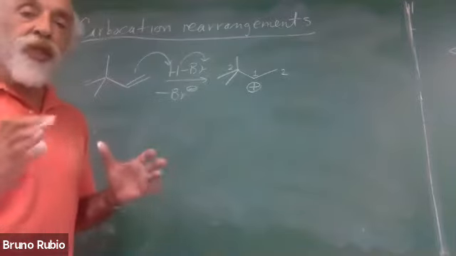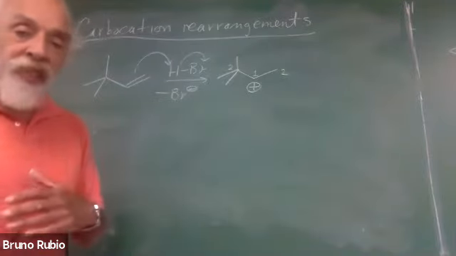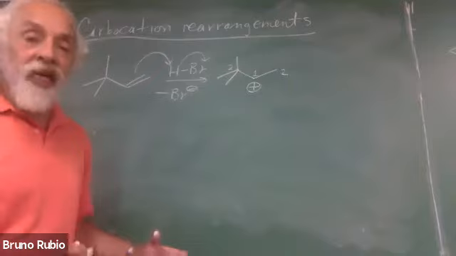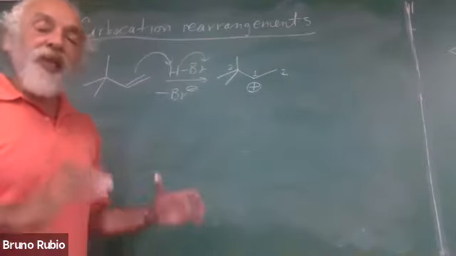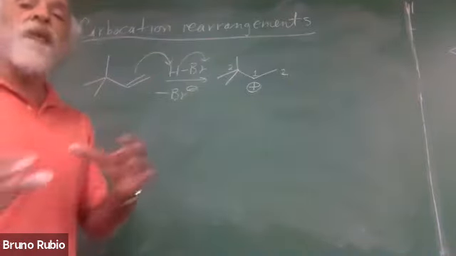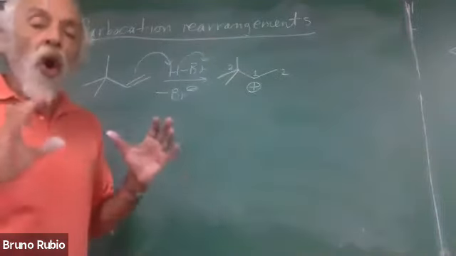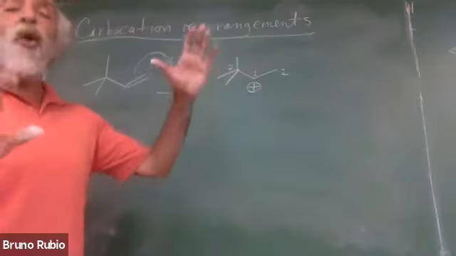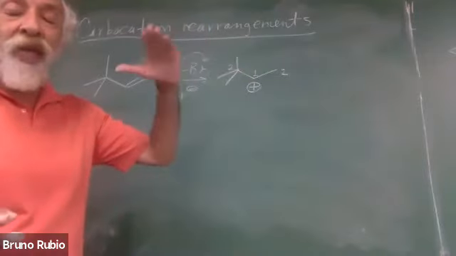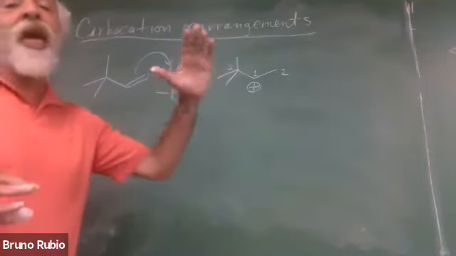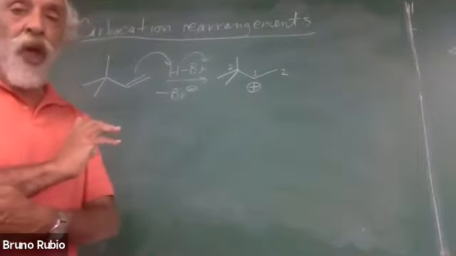Something bonded to carbon 2 pulls out of carbon 2, plugs into carbon 1. The charge moves from carbon 1 to carbon 2, but the rearrangement happens only when we can go from a less stable carbocation to a more stable carbocation.